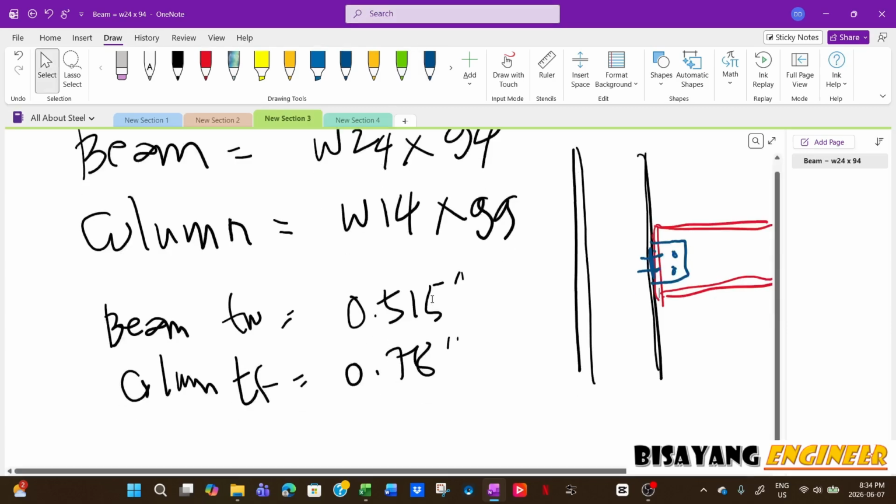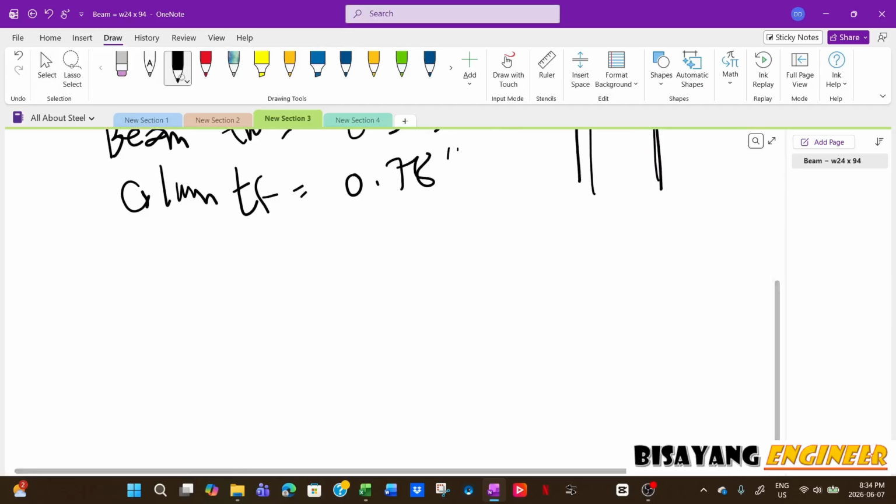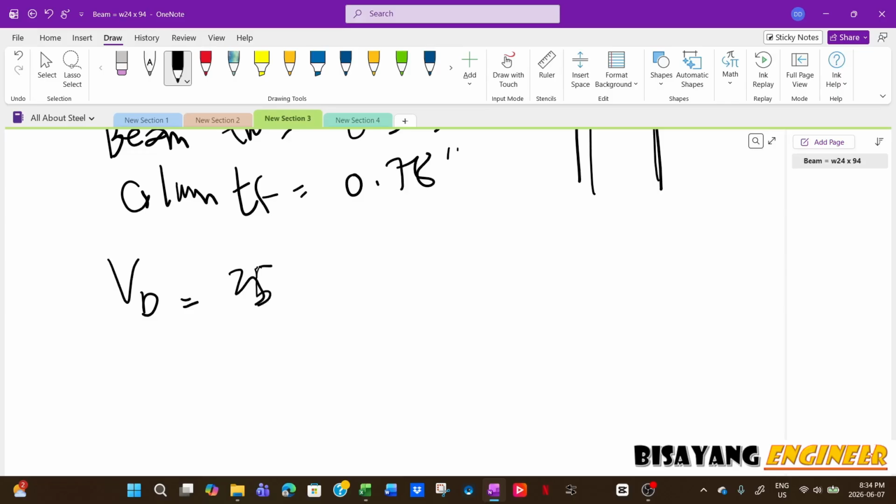Now, for example, the load, say, shear dead load is just for the sake of discussion, say this is 25. I will be using imperial because the table I have is in imperial.